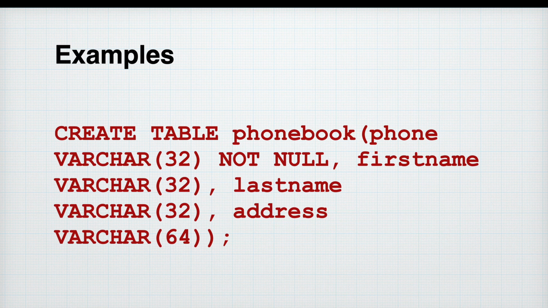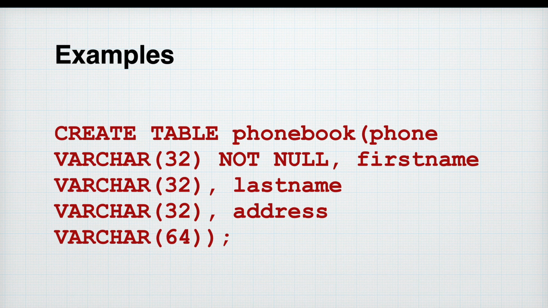So now this is a sample of how to create a table in the database where you specify create table phonebook, where phone is one of the columns, and we say that it is varchar 32, and then this shouldn't contain any null value when you are inserting any value into it.